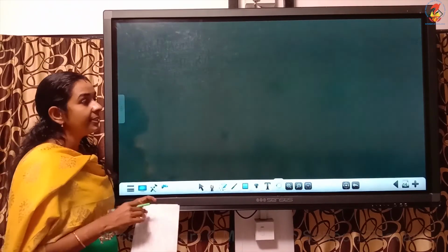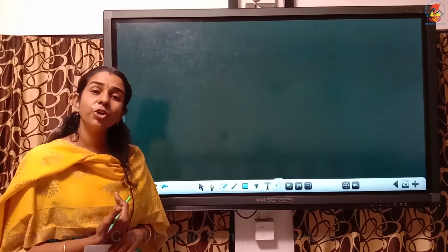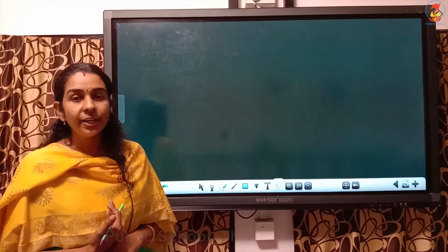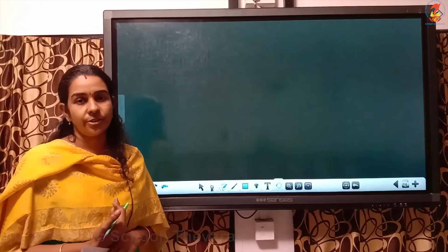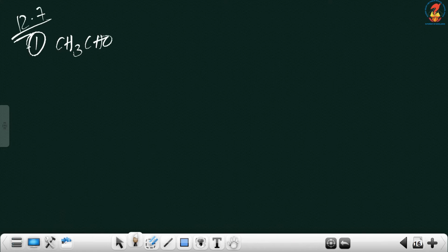Now the question is: among the following, which compounds can undergo aldol condensation reaction? Again, this is a back exercise, it is 12.7. First one is CH3CHO.